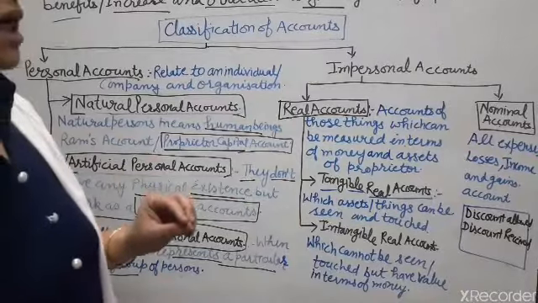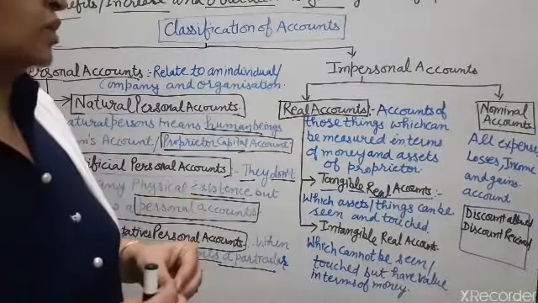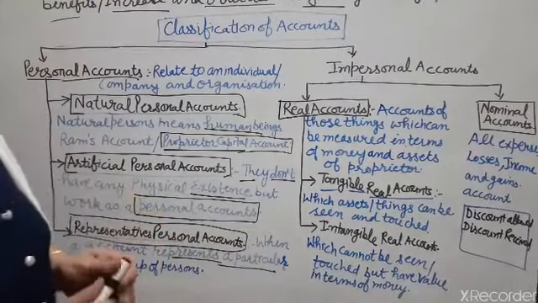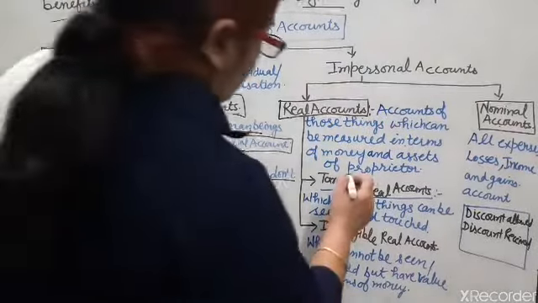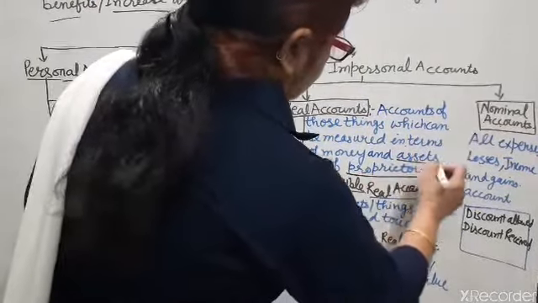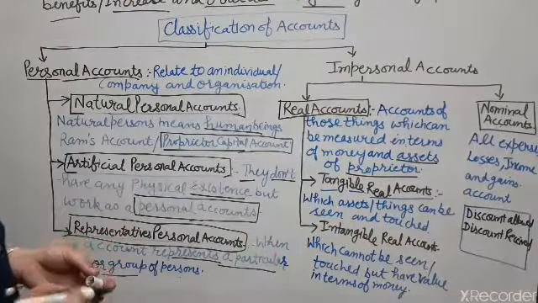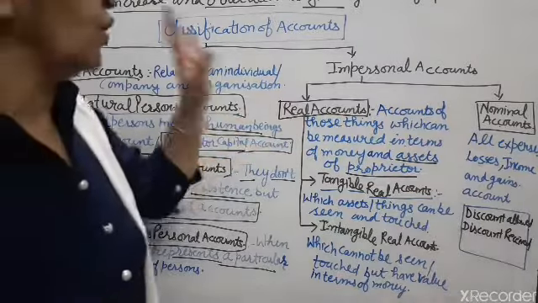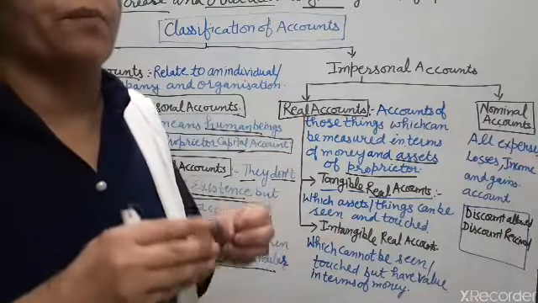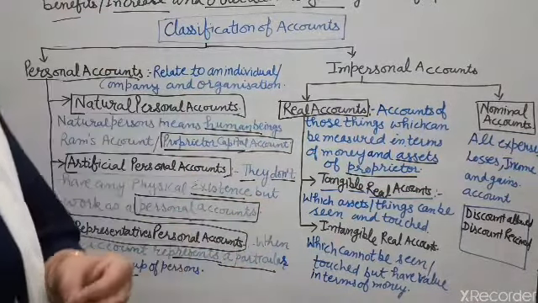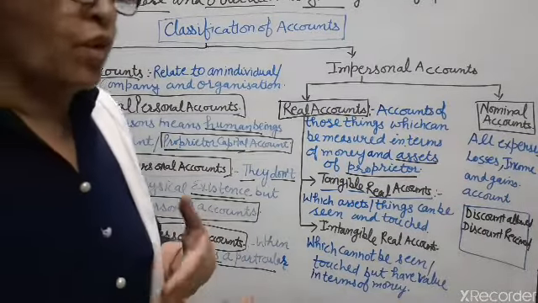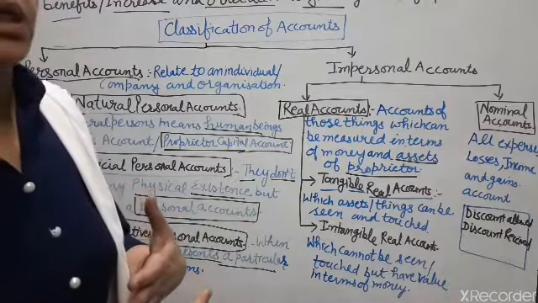Real accounts are those which can be easily measured in terms of money, and these are the assets of the proprietor. Assets means property, which are the property of the proprietor. All are included in real accounts. For example, machinery, plant, building, furniture, and a motorbike used in the business.